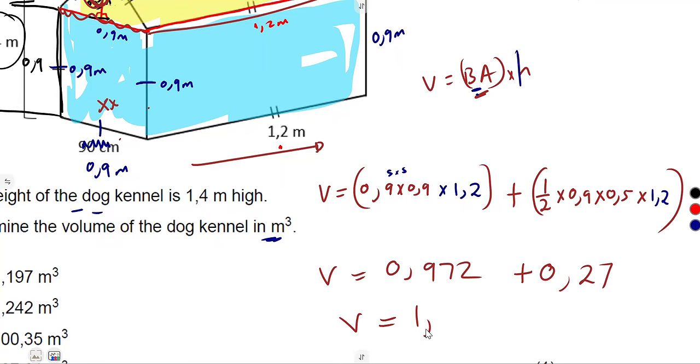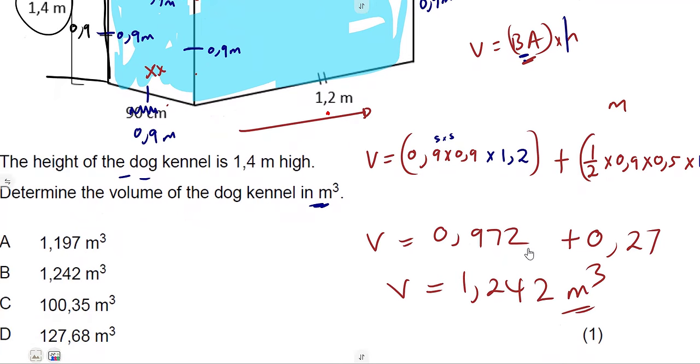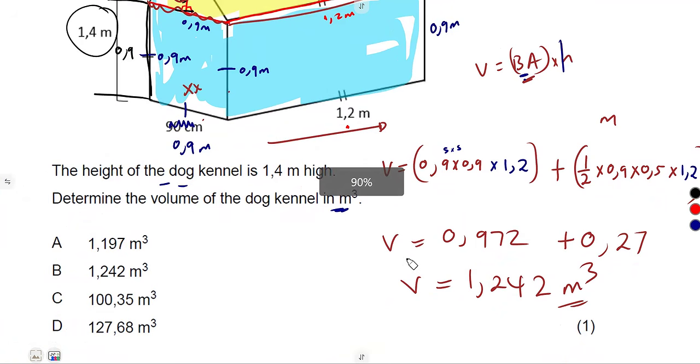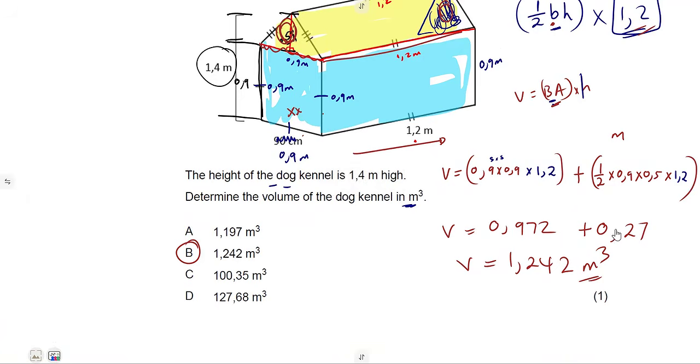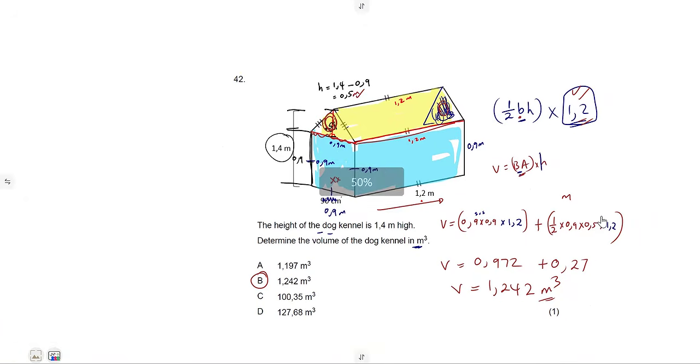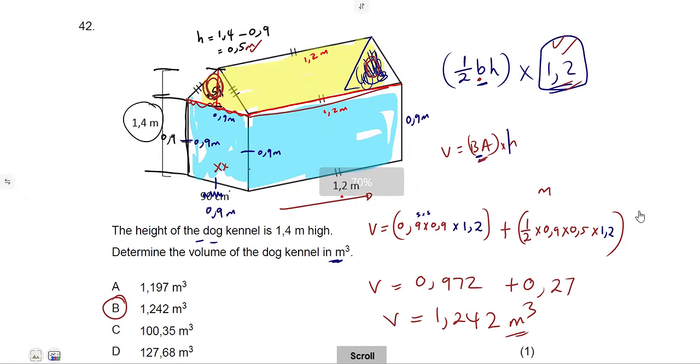Combined together, that's 1,242. Remember, we are using meters, so our volume is in what? Cubic meters. So that's 1,242, which is on B. So that was it on question 42. The answer was going to be on B. You just have to analyze your diagram.